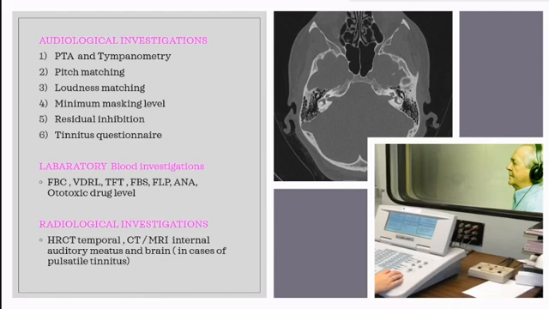Pulsatile tinnitus is when the patient will tell you the tinnitus is the same as their heartbeat. So it correlates with the heartbeat. This is what we call pulsatile tinnitus. So we need to rule out whether there is any vascular tumor in the middle ear or somewhere in the internal auditory meatus.